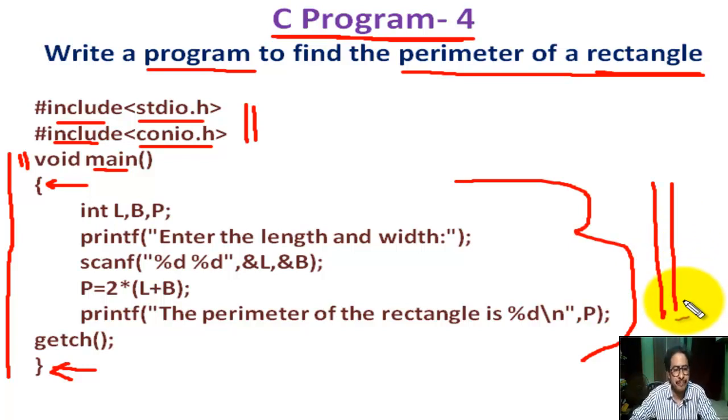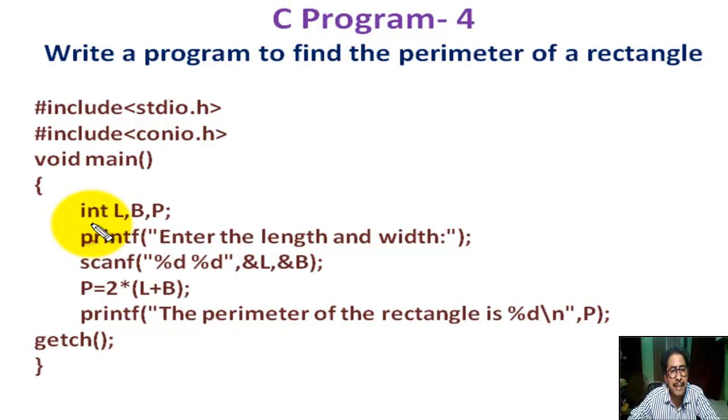Okay, here three variables: L, length of rectangle; B, width of rectangle; P, perimeter of rectangle. Let L, B, P all be integer variables. Integer variable means whole number.